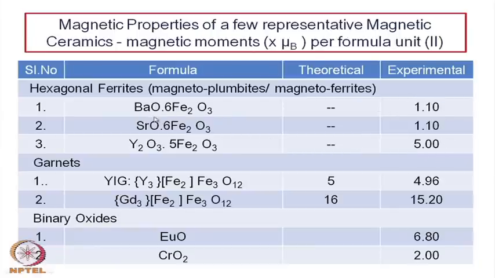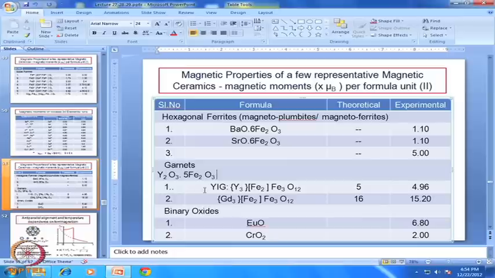It is BaO 6Fe2O3 and SrO 6Fe2O3 is 1.1. Once again there is some problem. This should be Garnet. Okay, I will change them. These are actually garnet structures.